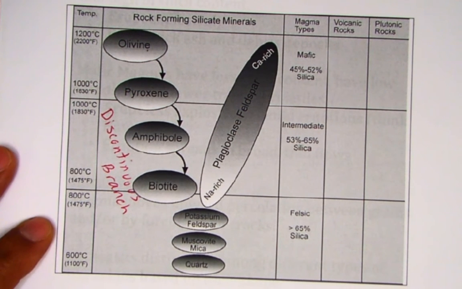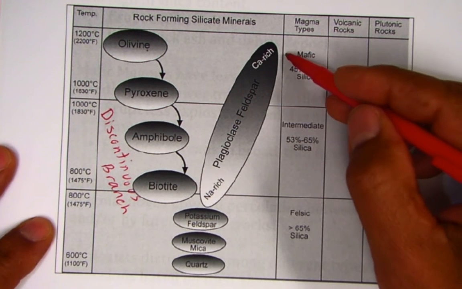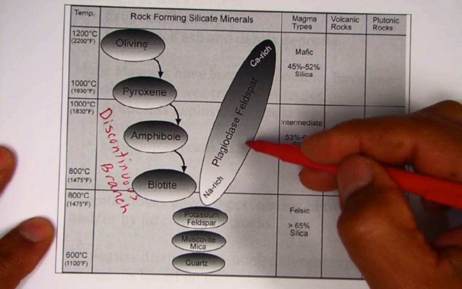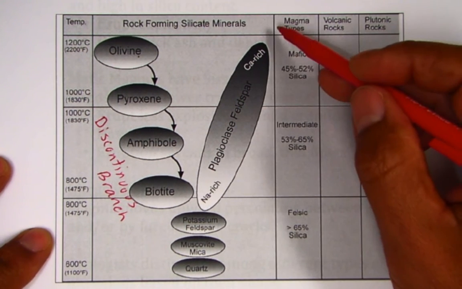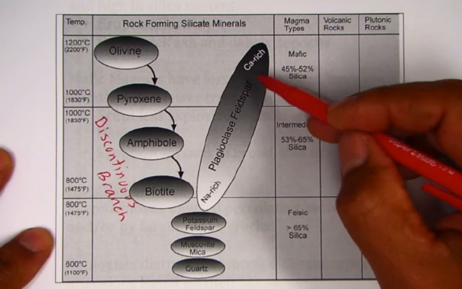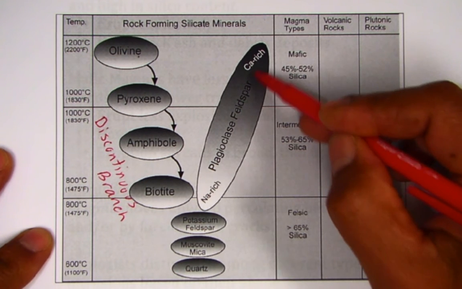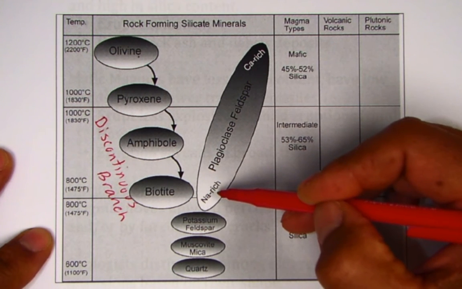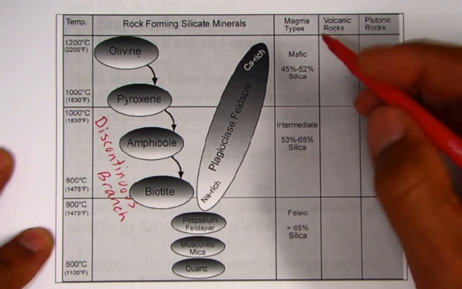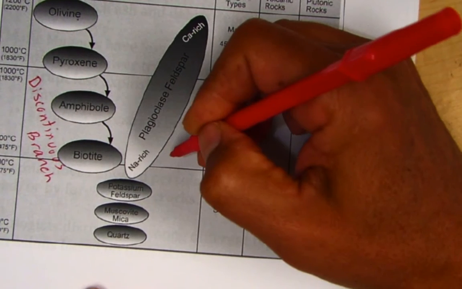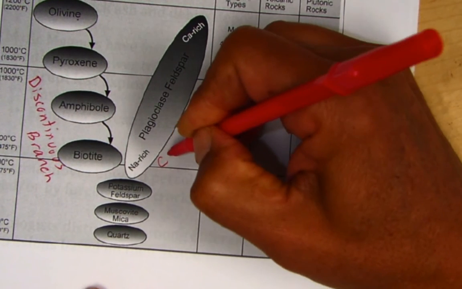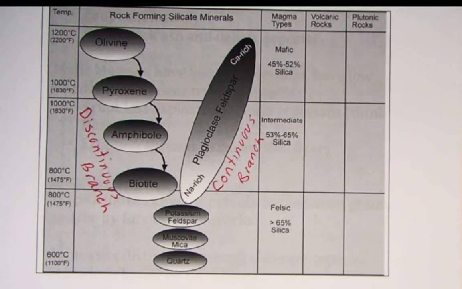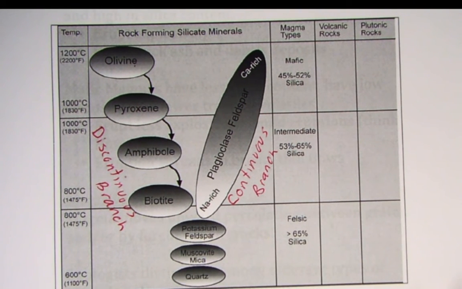Now, on the other side, note that we have only one mineral, the plagioclase feldspar, going from higher temperatures to lower temperatures. But note it goes from calcium-rich to sodium-rich, right? And so we call this the continuous branch. So there are two branches, the discontinuous branch and the continuous branch.